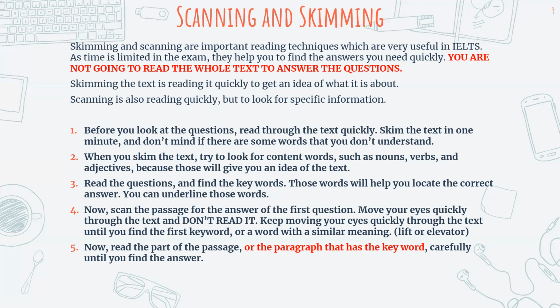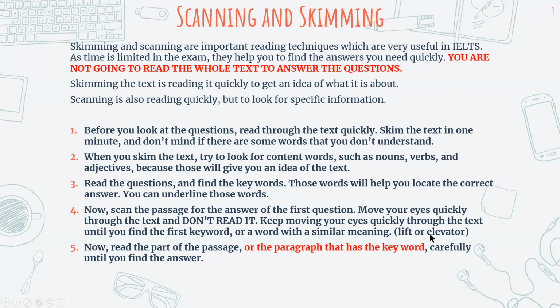So keep moving your eyes quickly through the text until you find the first keyword or a word with a similar meaning. For example, let's assume that the question says lift and you underlined it as a very important word to find the answer.